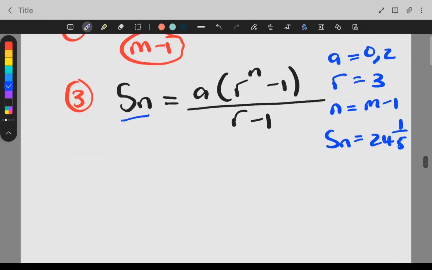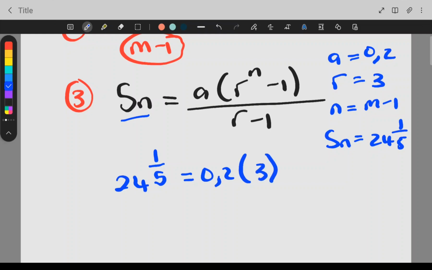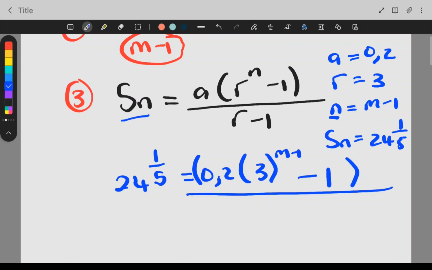So it is 24, 1 over 5. A is 0,2. And then R is 3 to the, what's in? It's M minus 1. And then minus 1. Close the bracket. This whole thing over R, 3 minus 1.